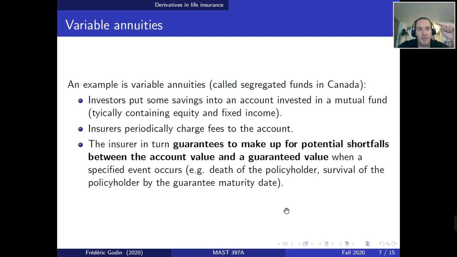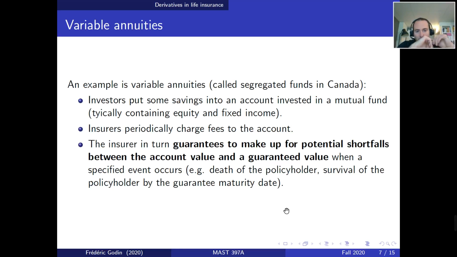And then often there's a guarantee which says if at the maturity of the contract your account value lies below some barrier or some guaranteed amount, then the insurer will make up the difference between that threshold and your account value to push it back up to that threshold. And then at the maturity date, the policyholder will collect its account value.